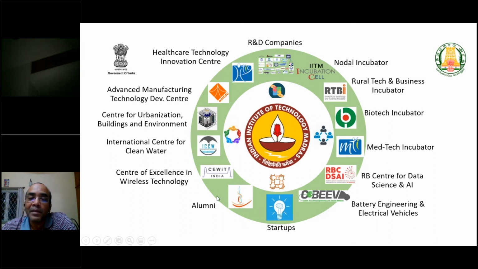The alumni obviously play a significant role in supporting this entire ecosystem. Then there is CIVET, which is working on 5G standards, one of the unique aspects of the research and innovation activity going on. The Center for Clean Water is very focused on removing arsenic from the groundwater that you find in several parts of the country, which makes it difficult to consume.